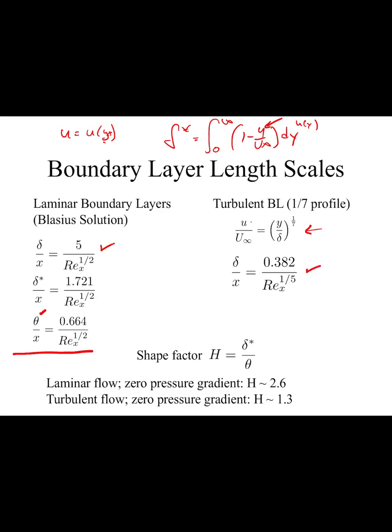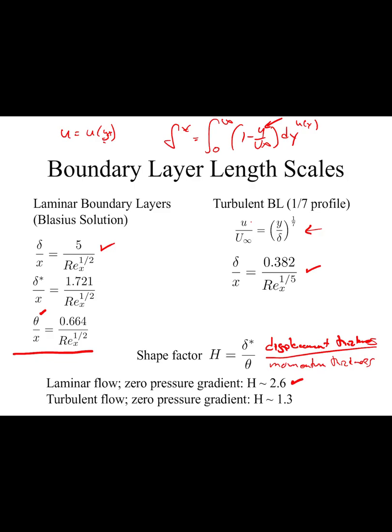We also define something that's called a shape factor, which is the ratio of the displacement thickness to the momentum thickness. And its behavior, this ratio, is a bit interesting. You can see that for laminar flows in a zero pressure gradient, we have a value that's about 2.6.